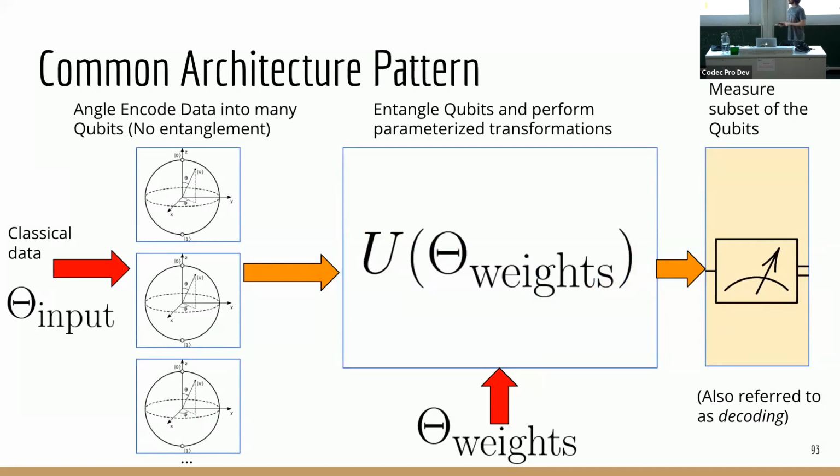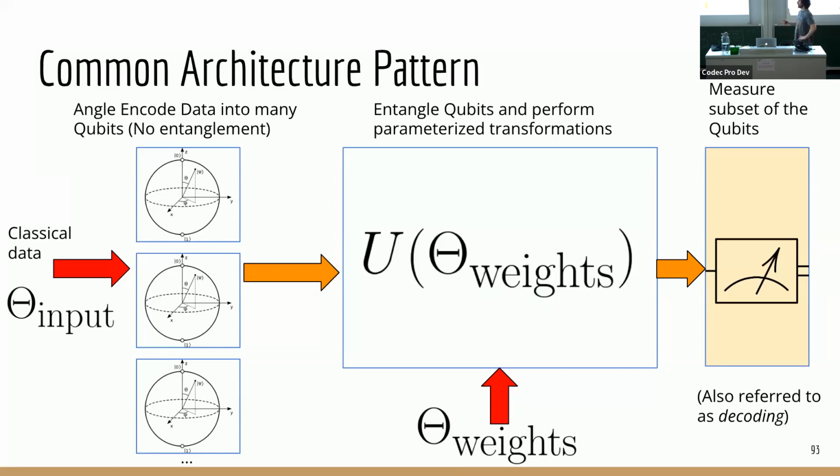A common architecture pattern that you can see in some research papers today is the following. They will take some classical data and treat these as the theta for the input. And then what they will do is something called angle encoding the data.